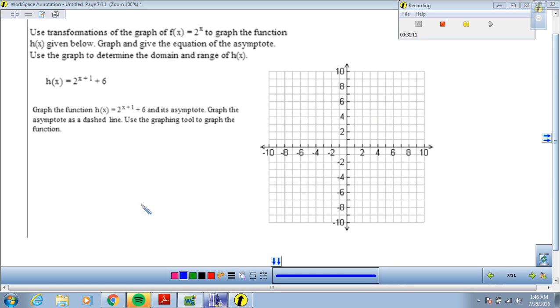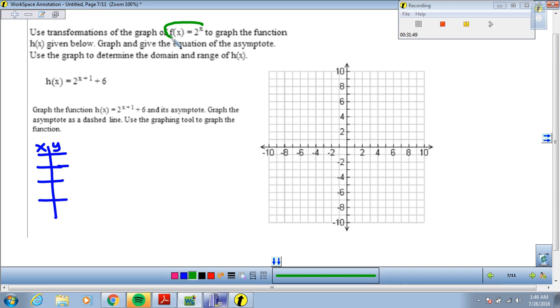Now next problem: use transformations of the graph of f of x equals 2 to the x to graph the function h of x given below. Graph and give the equation of the asymptote. Use the graph to determine the domain and range of h of x. Okay. So we need to do a table of values. If you recall, we used to graph first the original graph.